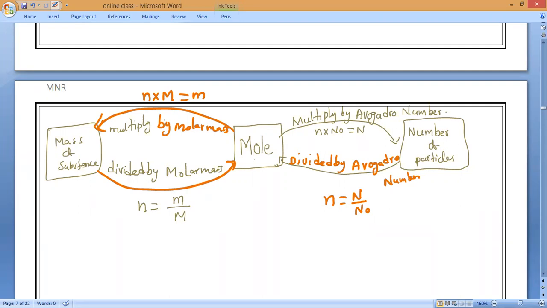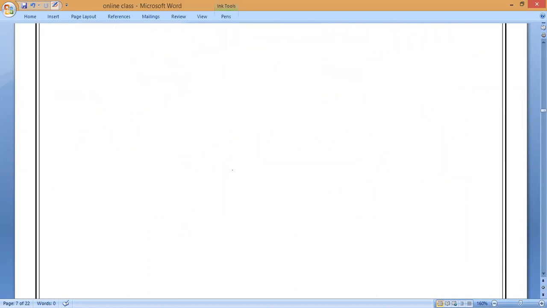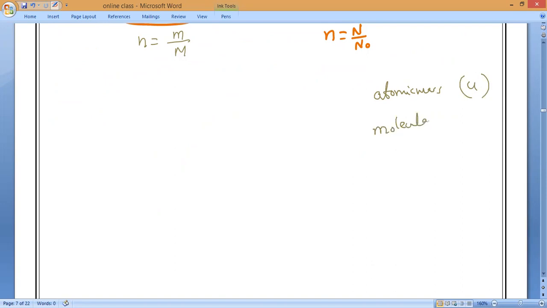So whatever it is, the unit is mass. Suppose we take atomic mass, U is the unit. Molecular mass is also represented in U only. In the same way, for ionic compounds we use some other name. Can you tell me what that name is?